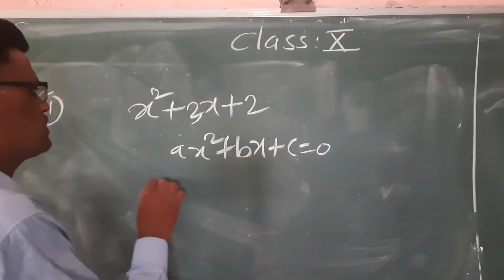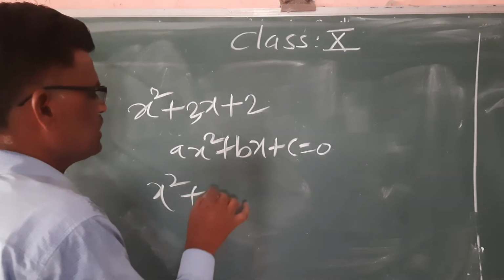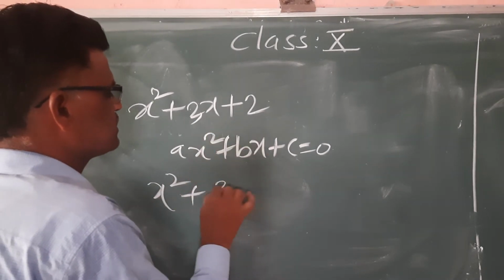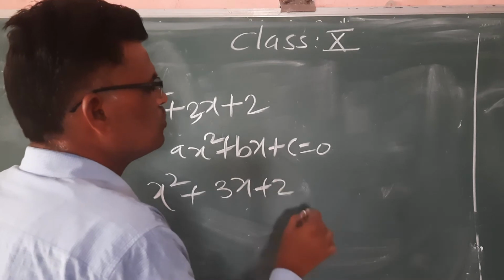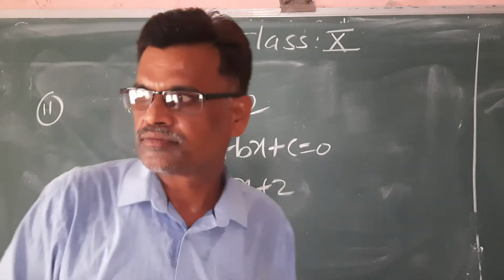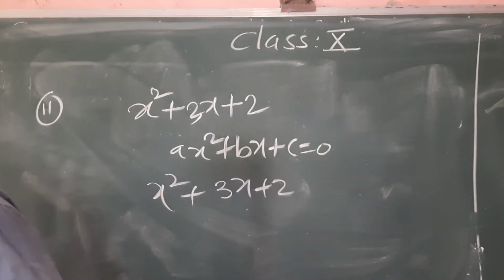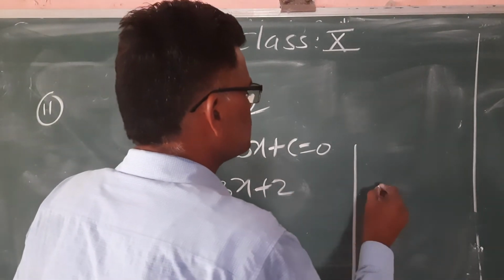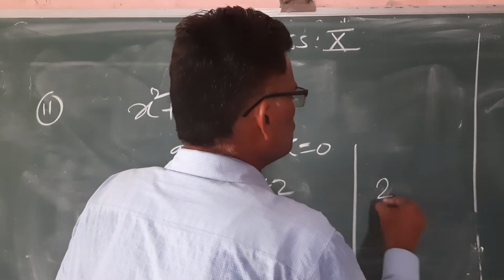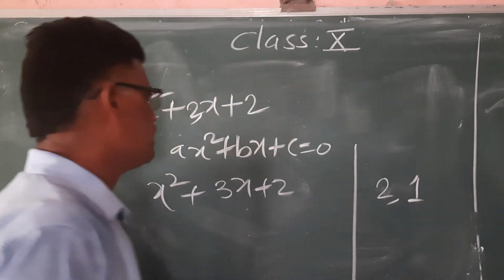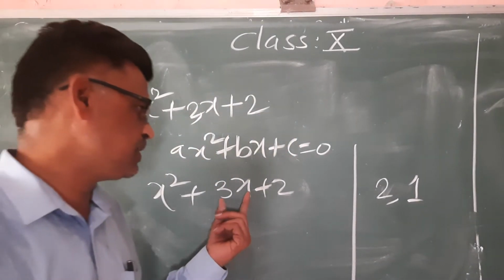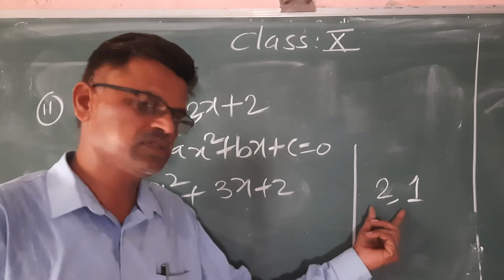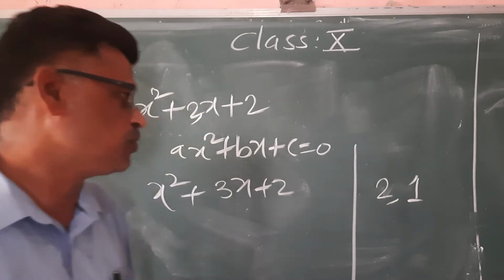Here you see x square plus 3x plus 2 is the given polynomial. Here 3x can be split into 2x and 1x. Why? Because the sum should be 3 and the product should be 2.